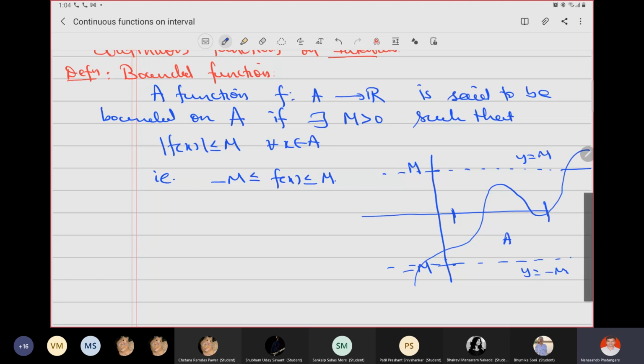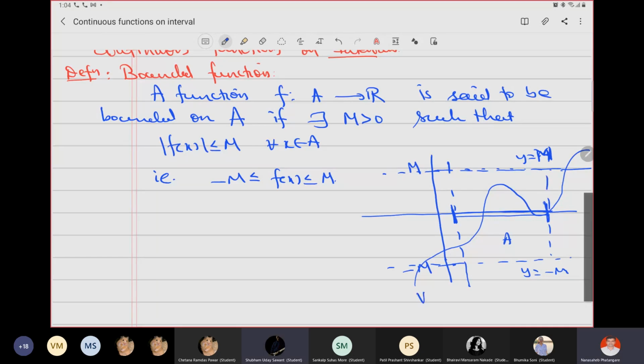If this is my set A, then is it bounded? Does the value of the function lie between minus m and m? No, sir. Here it is not, but if you look at the points in A, A is only this interval. Then for every x in A, is it true?